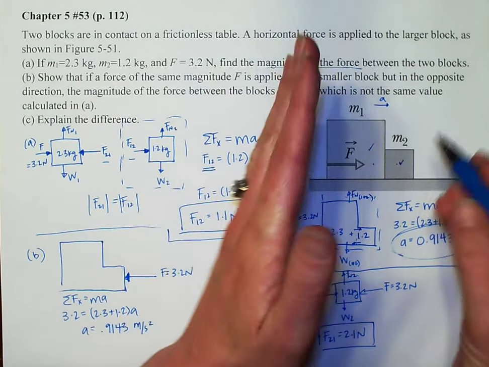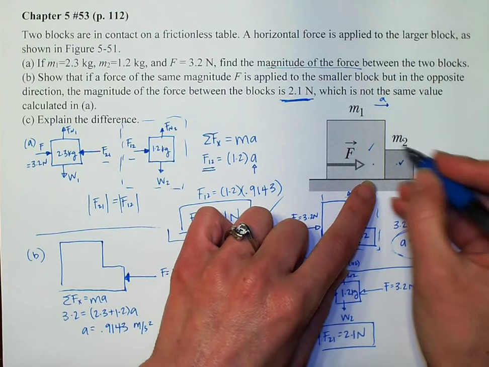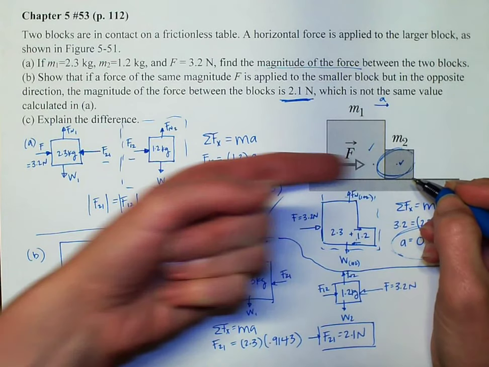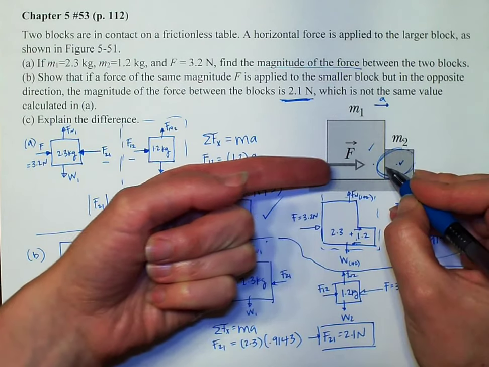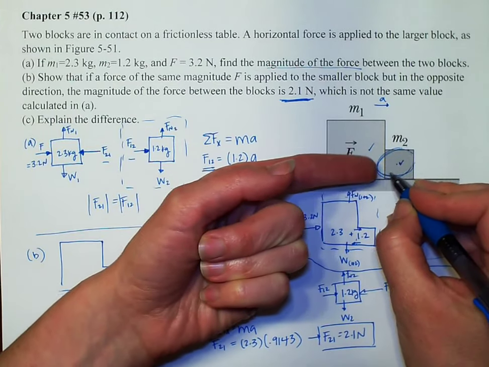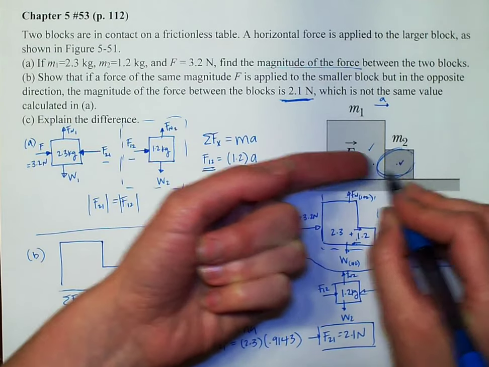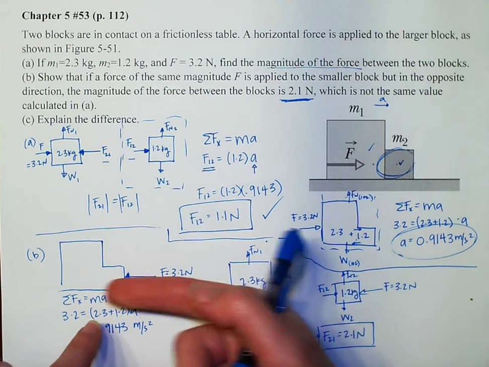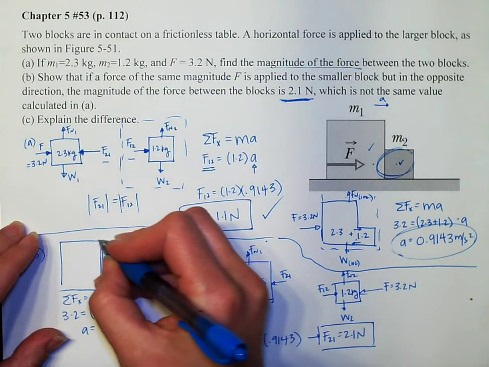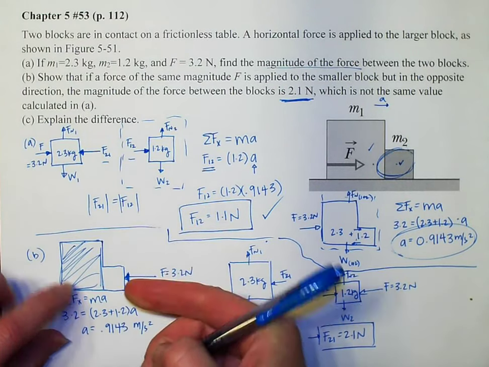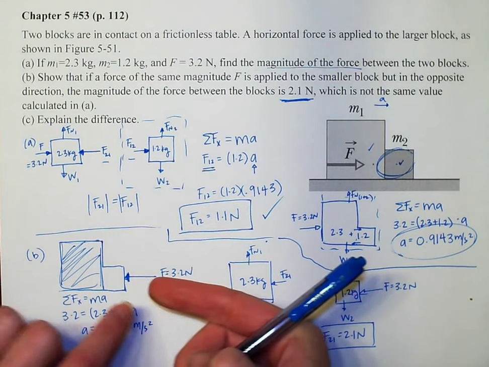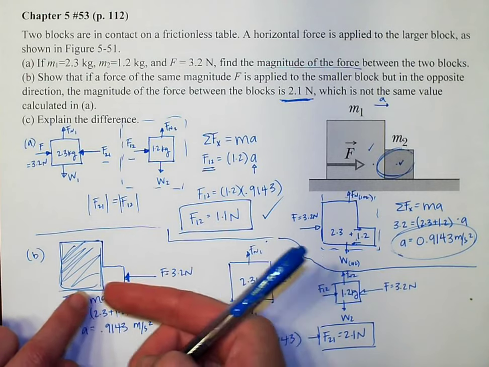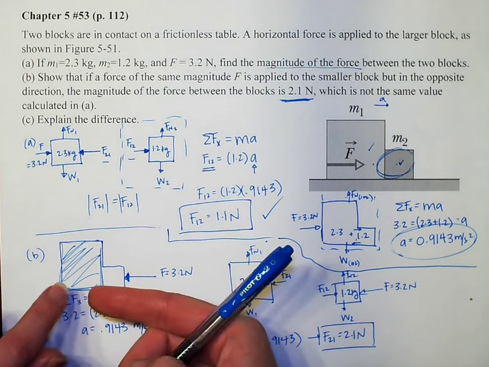But if I'm trying to accelerate this little block, so I'm pushing from this way, that requires less force to accelerate this little block, which is what that push is doing. But if I'm trying to push this way, that same acceleration, now I'm trying to accelerate this big block. That requires a bigger force to allow for that same acceleration.